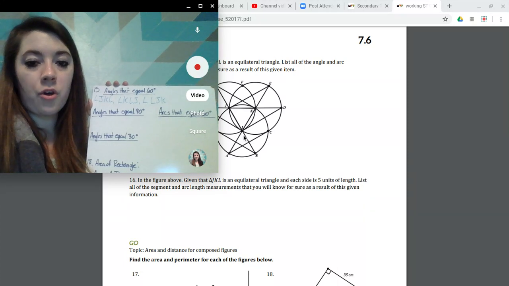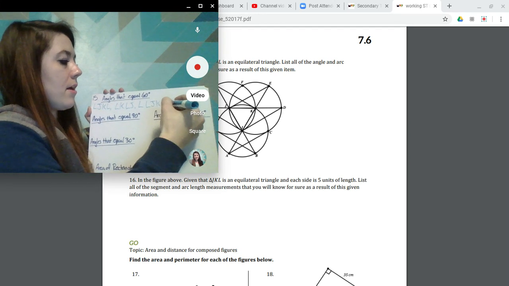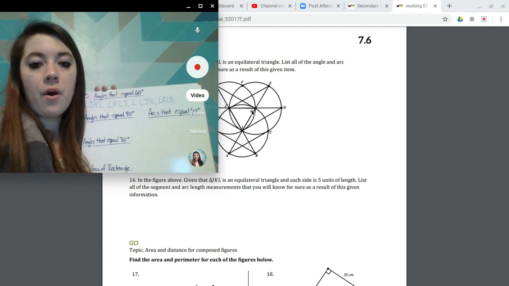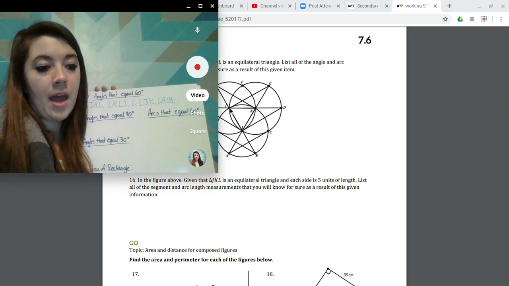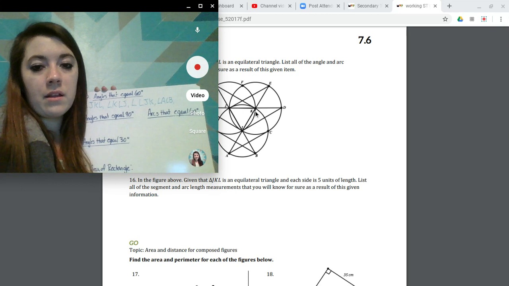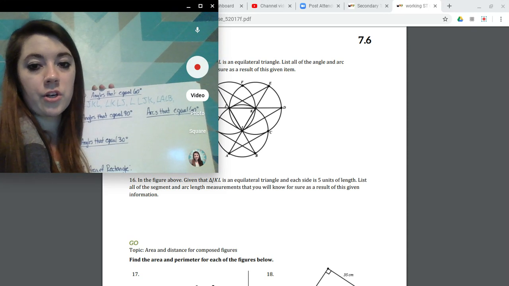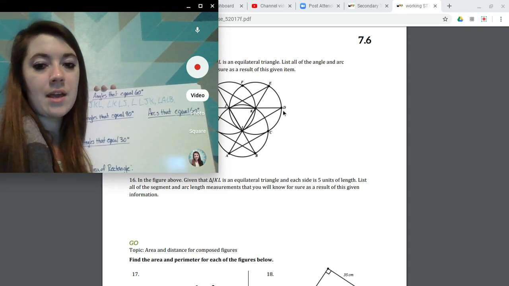So that means this angle right here where my mouse is also 60 degrees. So we're going to have angle ALB. Now we go over to where the vertex K is. So we had the angle JKL. Guess what? It's across from another angle, which means vertical angles, and vertical angles are congruent. So we've got the angle EKD.